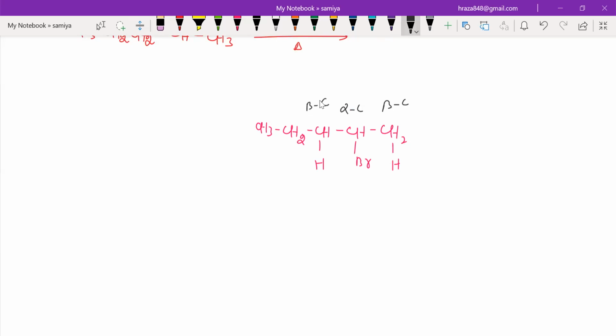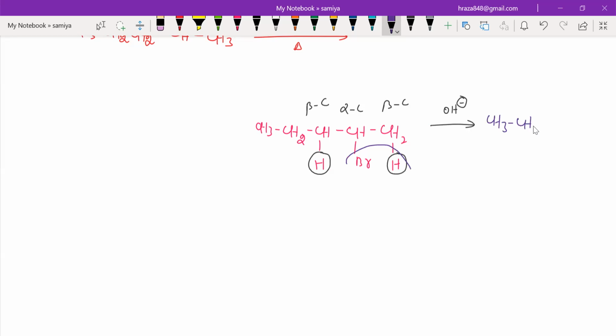Only the beta carbon being present is not the condition. With this beta carbon, there must be beta hydrogen. And what is beta hydrogen? The hydrogen connected to the beta carbon. So this OH minus, from KOH, what will happen here is very important. It will be removed or eliminated.